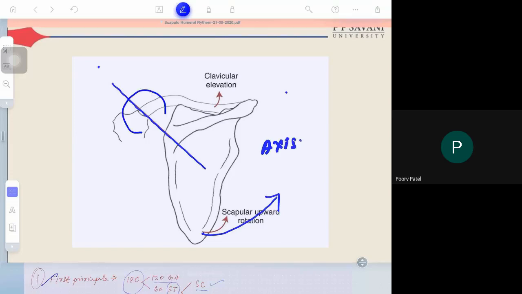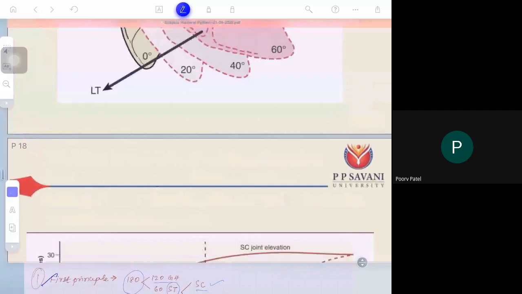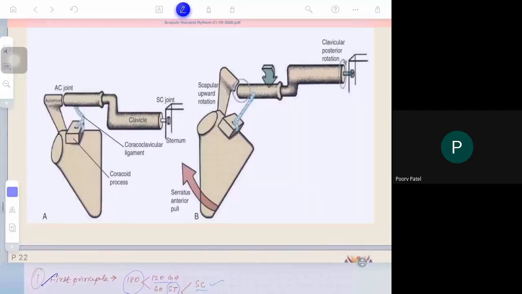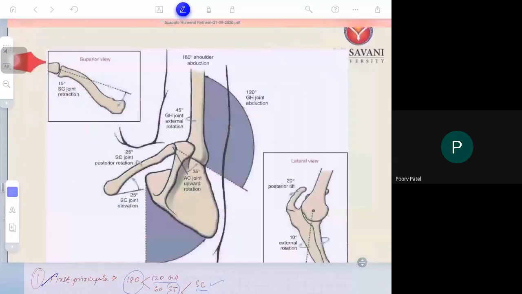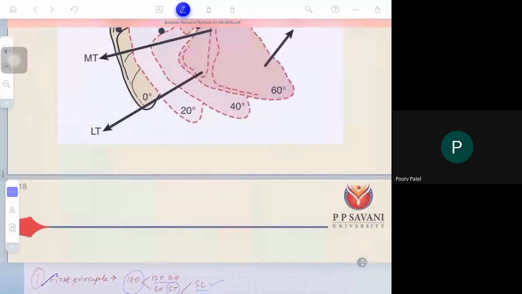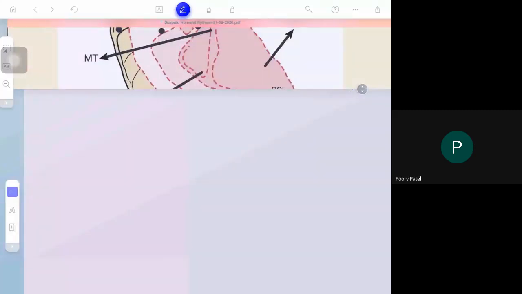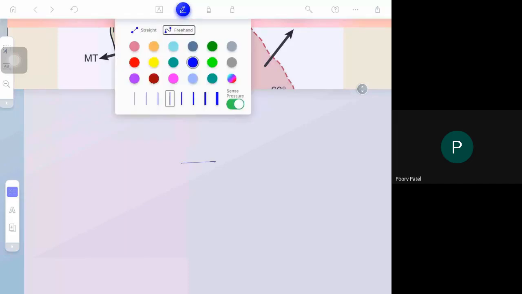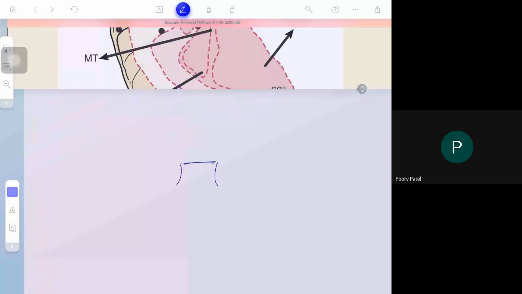Here the axis passes through the costoclavicular ligament. So where is the costoclavicular ligament? This is the sternum. This is the clavicle.